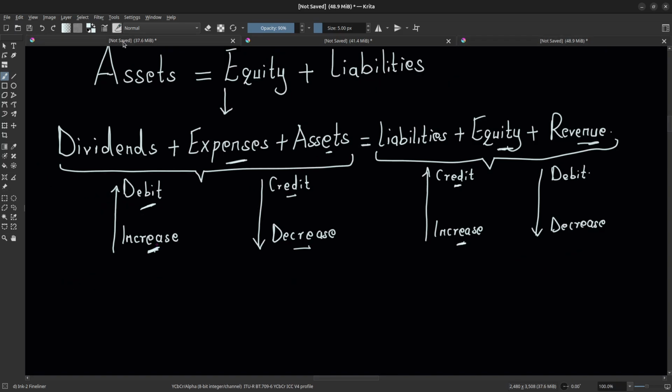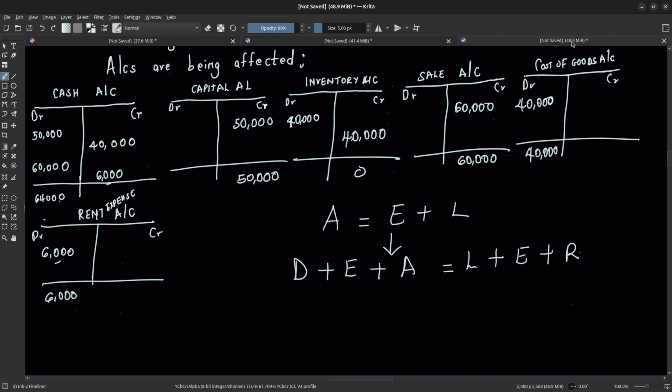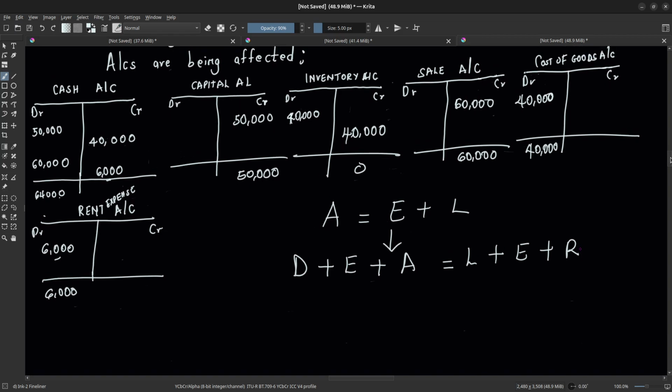Always have that in mind. Now, do we have any dividends? No. Under expenses, do we have an expense account? Yes. We look at rent expense, which is one expense account, which we have 6,000.